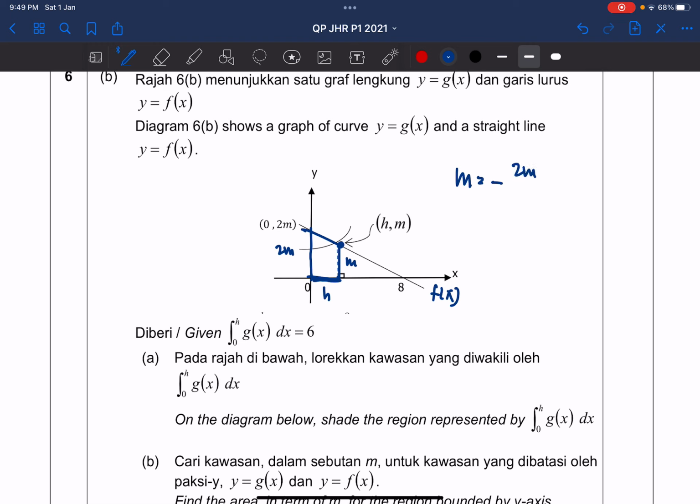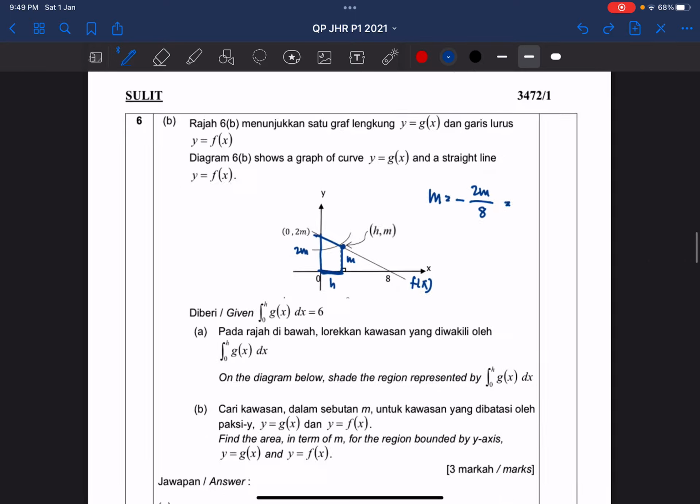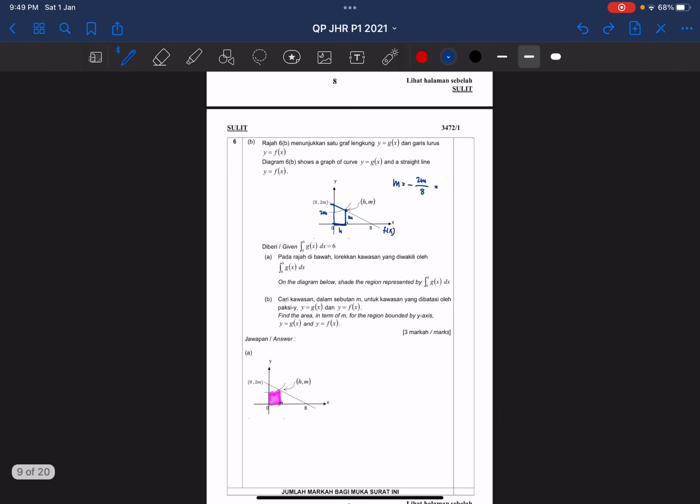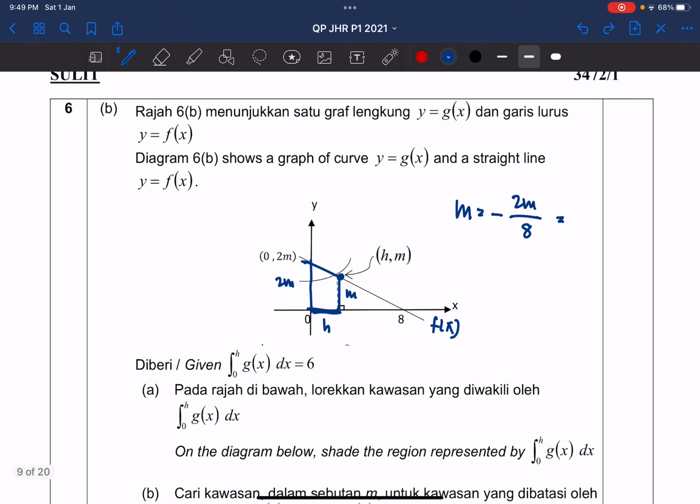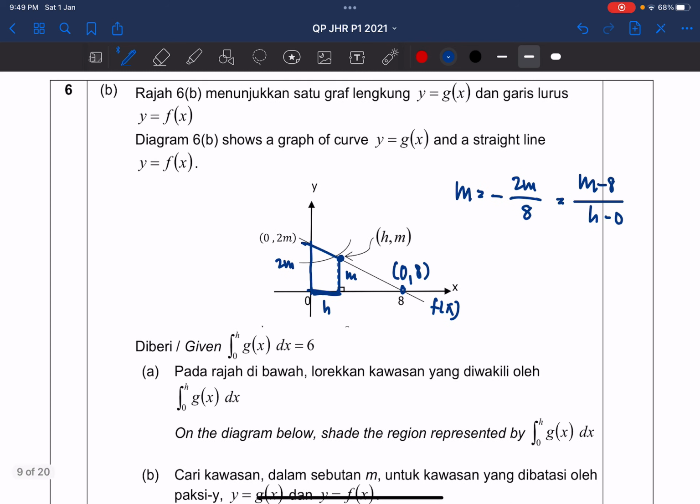Negative y-intercept is 2m over x-intercept, which is 8. This will be similar to these gradients, corresponding to any y-intercept or x-intercept. So just do it with the x-intercept. So y2 minus y1, this will be 0 and 8. So y2 minus y1, m minus 8, over h minus 0. And to solve this, you eventually get h equals 4.